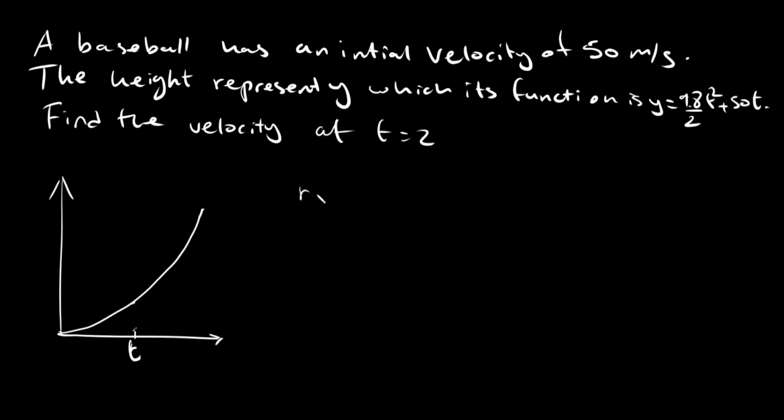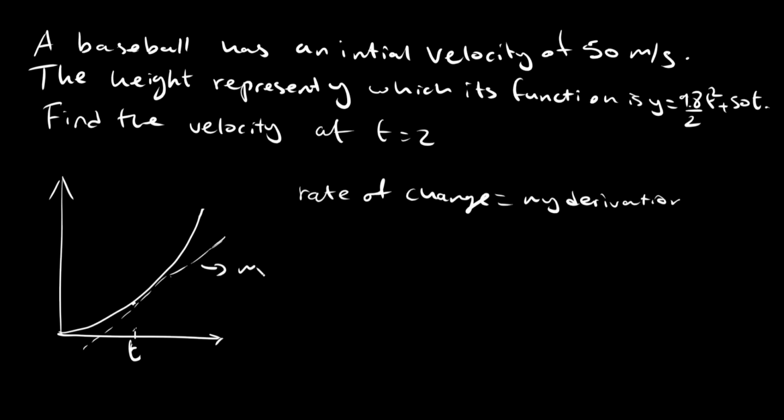Well, remember my rate of change equals my derivative, right? So if I take my tangent line, this is my rate of change. So we want to find the slope of my tangent line, right?